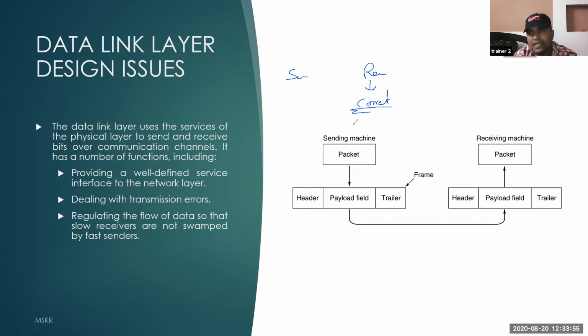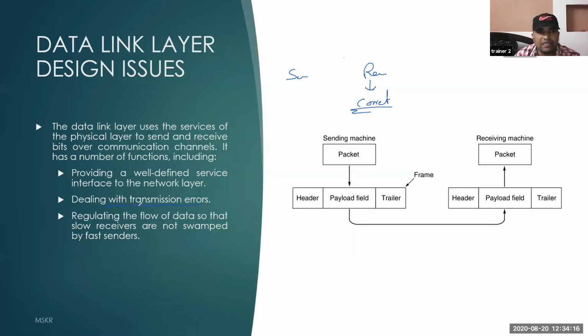Sometimes the data link layer on the receiver side will correct the errors by itself if possible. If it is not possible, it will inform the sender-side data link layer, which will make sure that the sender retransmits the information. That is what dealing with transmission errors means.